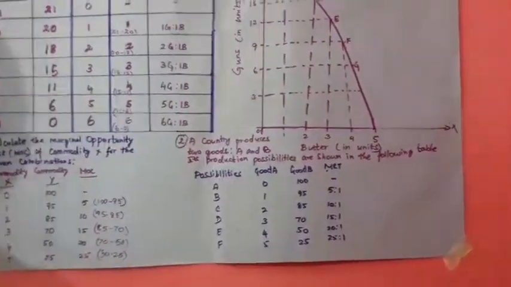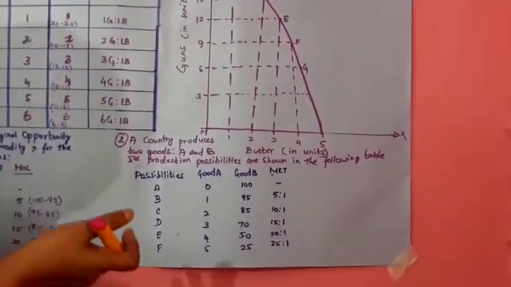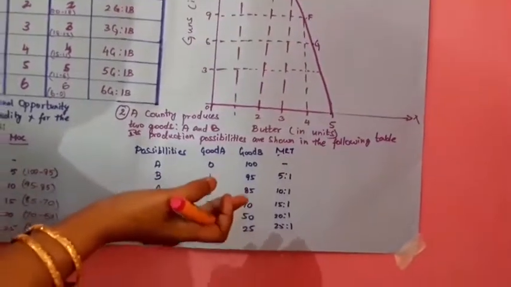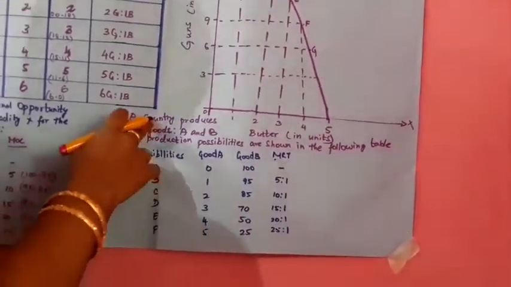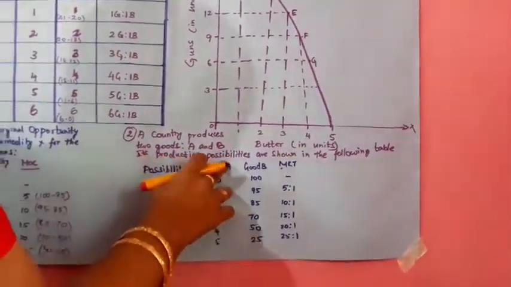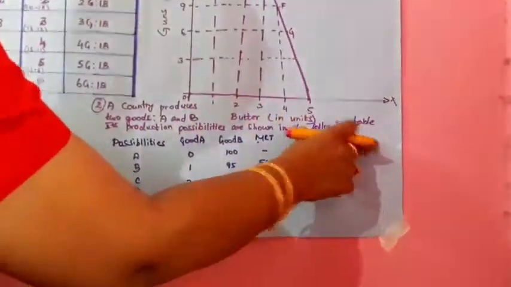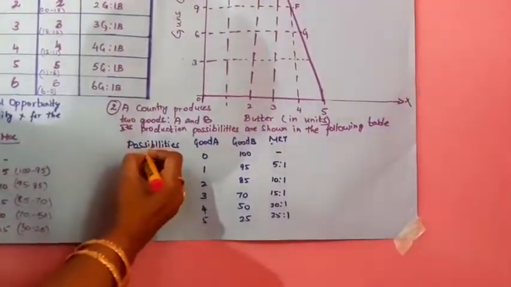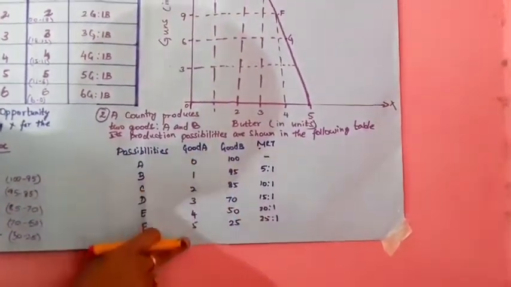Now the second sum I have taken from your unsolved practicals to explain what MOC and MRT are. A country produces two goods A and B. Its production possibilities are shown in the following table. The possibilities are A, B, C, D, E and F, and good A is 0, 1, 2, 3, 4, 5.